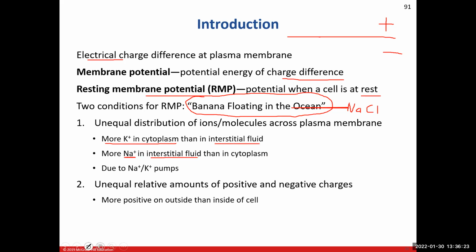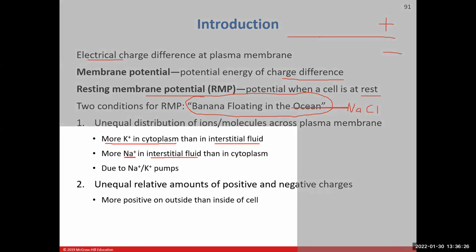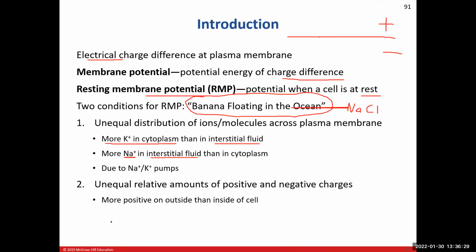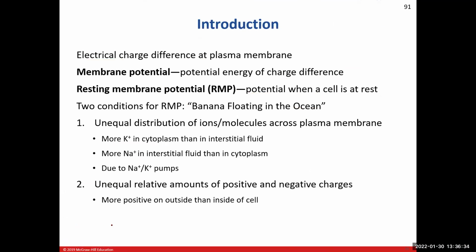So what we're seeing here is that the plasma membrane has created this unequal distribution of these substances, both inside the cell and outside the cell. So more potassium in the cytoplasm and more sodium in the interstitial fluid when we compare it to the inside of the cell. And this is all due to these guys, these transport proteins, the sodium potassium ion pumps.